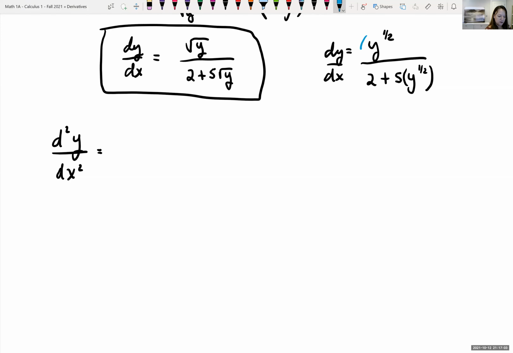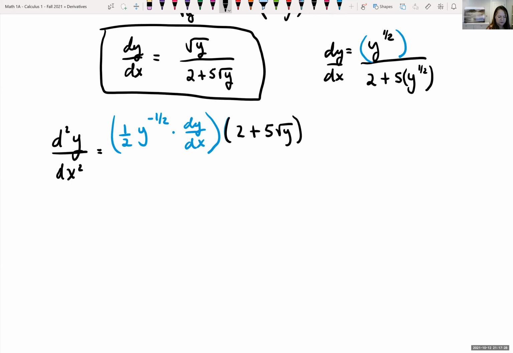So quotient rule: derivative of our numerator gives me 1/2 y to the negative 1/2 times the derivative of the inside, dy/dx. All of that times our denominator, which I'm going to leave as 2 plus 5 square roots of y, minus my numerator.